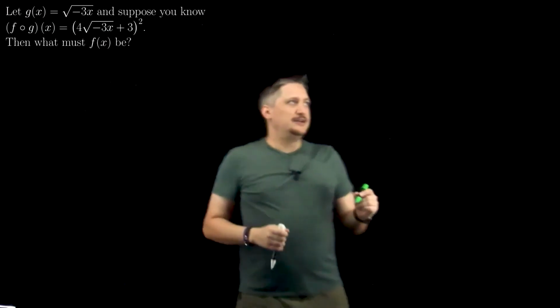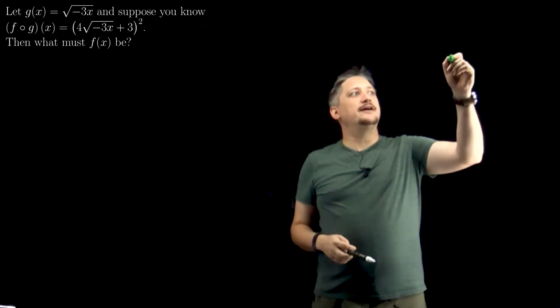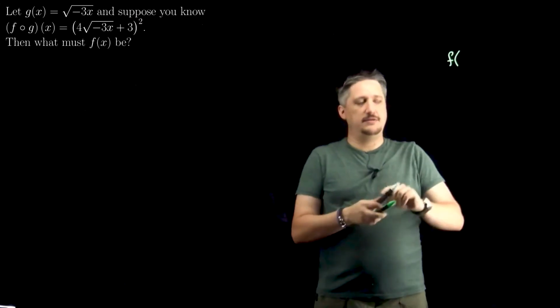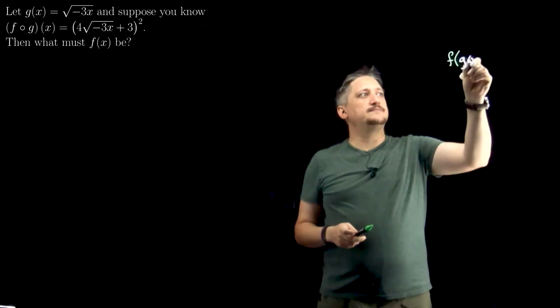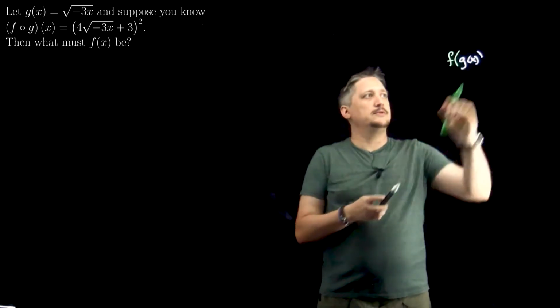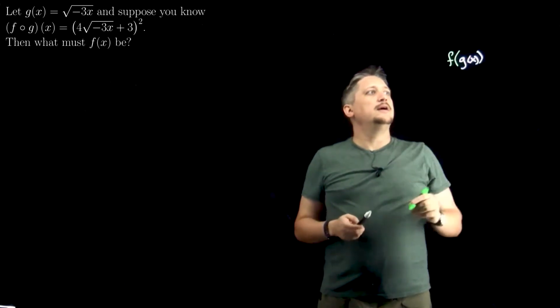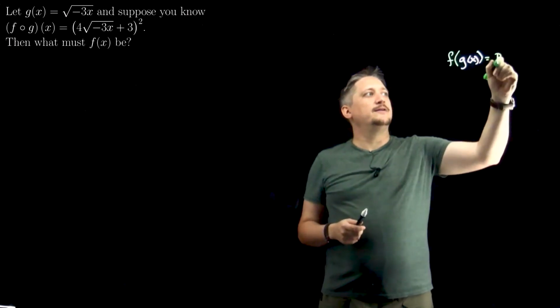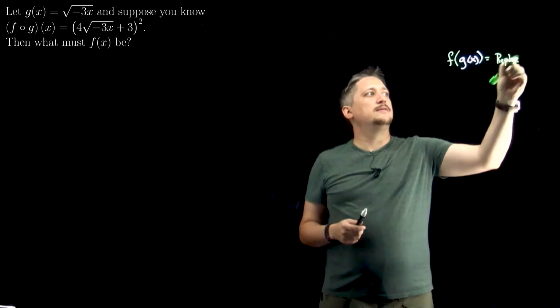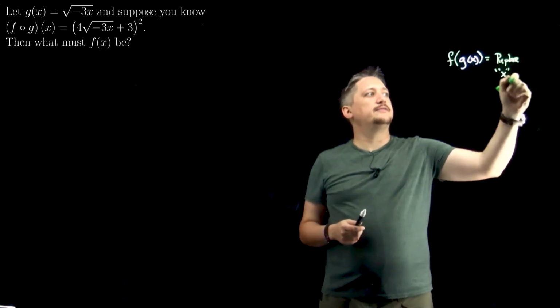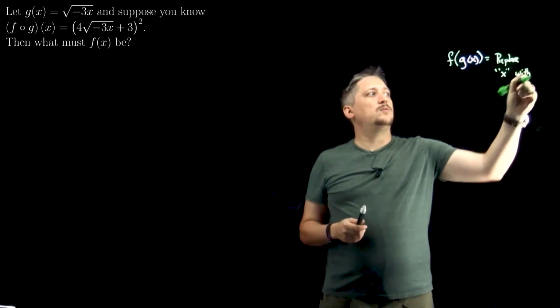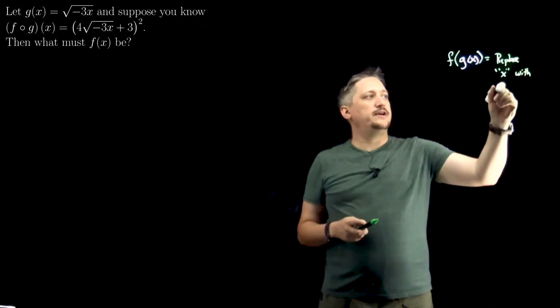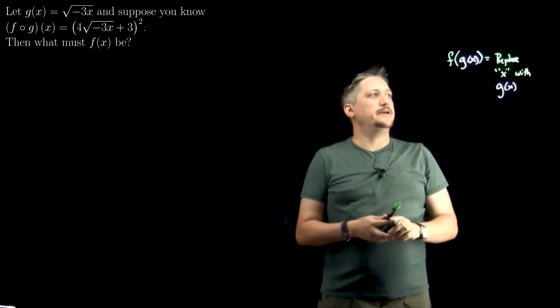So I'd have something like f of g of x, and I would do that by replacing x with g of x, right?